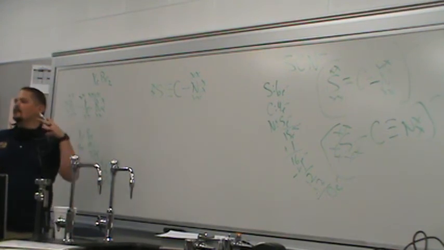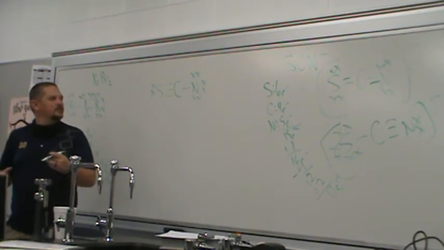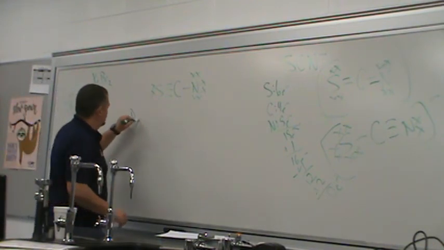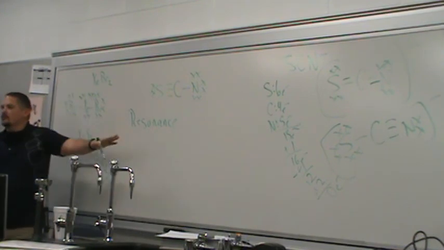Now, when we have more than one possible way of drawing out the Lewis structure, we have what is called resonance.